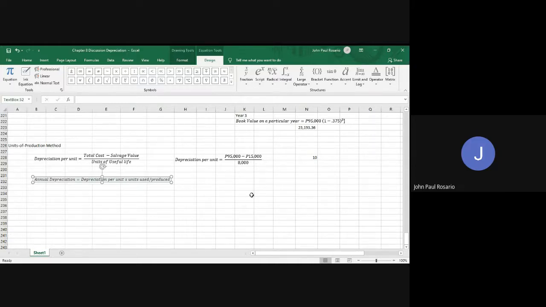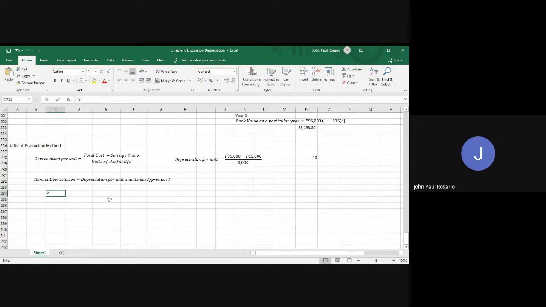Okay, so this units of production could be an input method or output method. When you say input method, for example, number of hours used, things like that. When units produced naman pod, it could either be kung pila ka units ang produced, or number of quantity produced. So it will be based on actual usage.